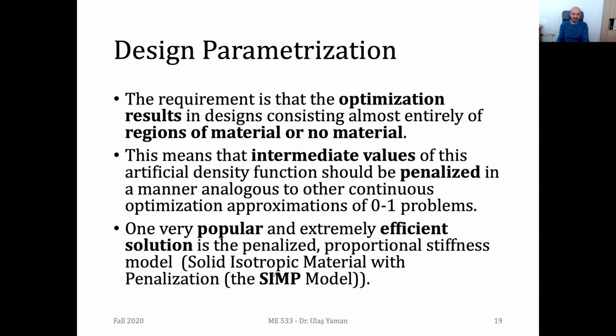This is called the SIMP method and is quite popular these days. It is a very efficient one. Its time complexity is not much, and in maybe less than a minute, you can find a solution to some simple problems. But obviously, for complicated shapes, you may need to work for some hours on a typical computer.